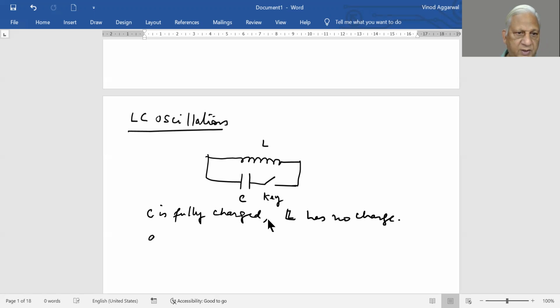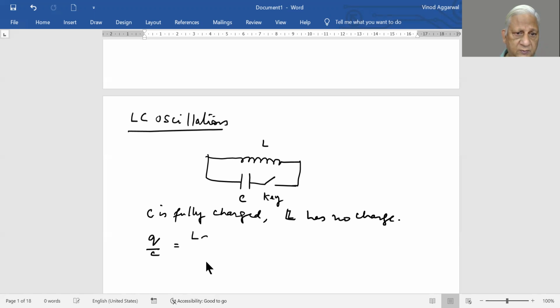Then we know for a capacitor, Q by C is the voltage across the capacitor, which will be available to inductor.